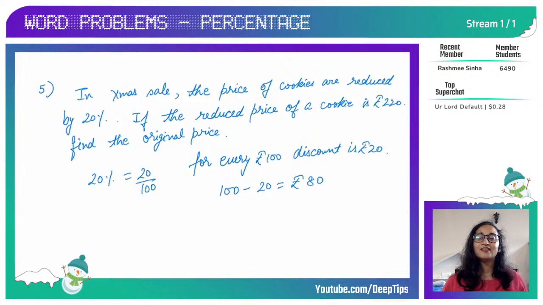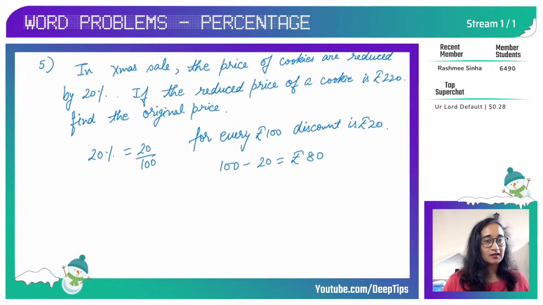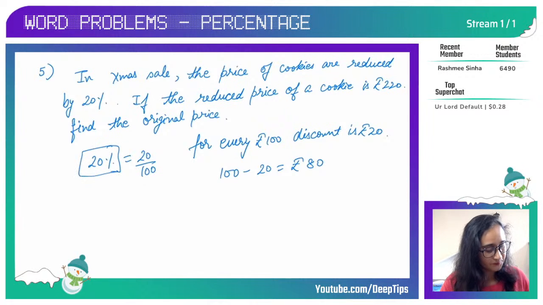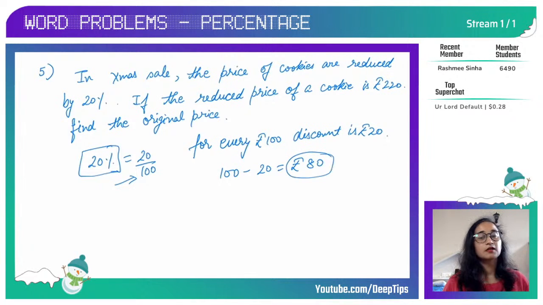So if the cookie box is rupees 100, then you get it for rupees 80. But here the reduced price of the box is 220. You don't know the original price, so you have to calculate that. From the 20% information, if the box price is rupees 100 and 20% is the discount, then you get it for rupees 80.